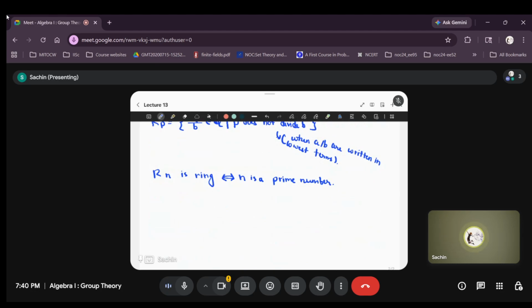Then 1 by a and 1 by b will be elements of R, and 1 by a times 1 by b is equal to 1 by ab, which is equal to 1 by n, which is not an element of R. I hope that is clear. If it's not clear, I'll write it down.